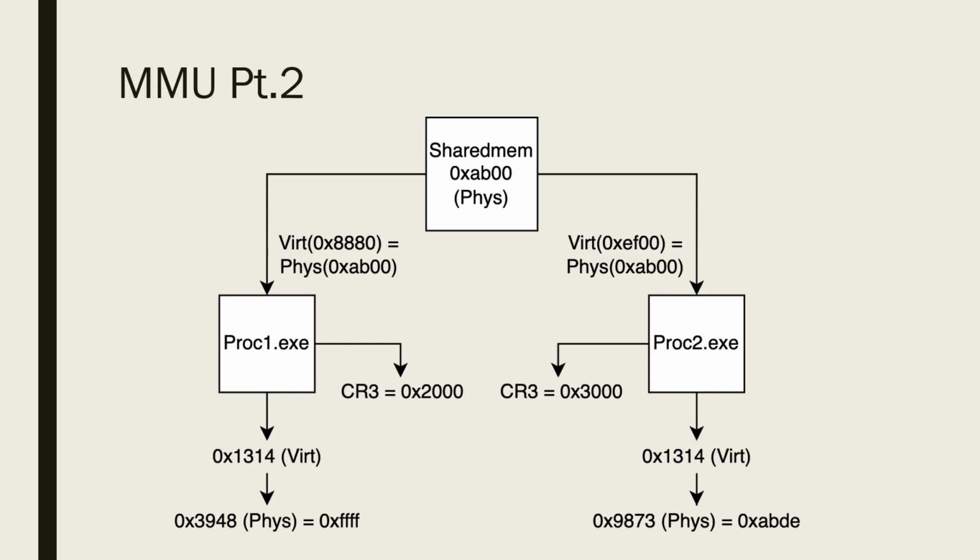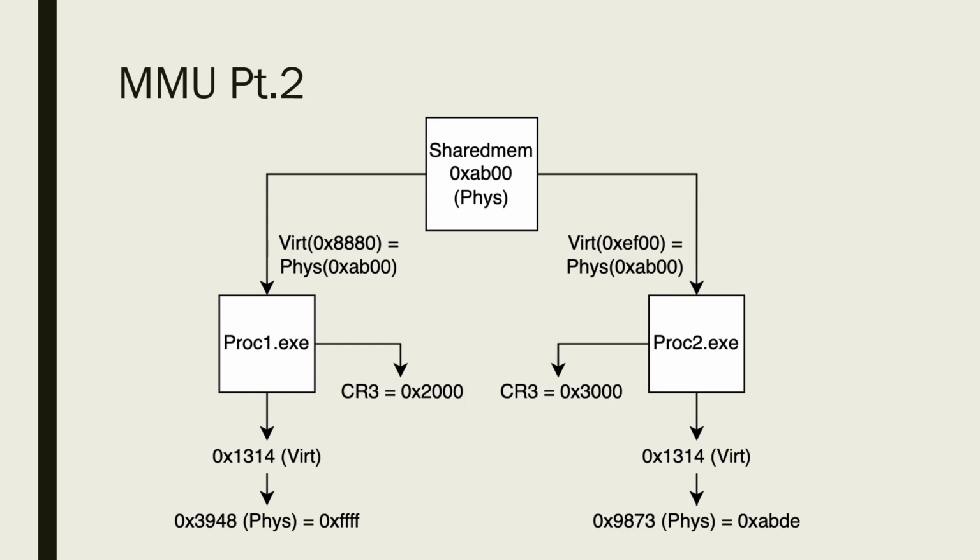So if I map the same physical address into two separate processes, I can say in process 1, the virtual address 0x8880 is going to equal the physical address AB00. And in process 2, the virtual address EF00, which is a different virtual address than in process 1, I'm going to map to the exact same physical address, AB00.